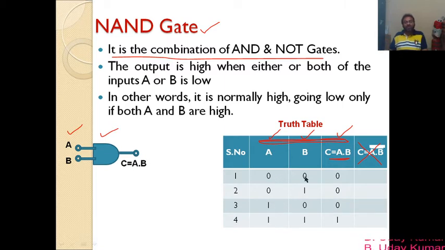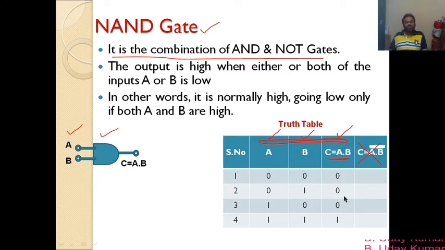Okay, so now 0 and 0 means if you apply low potentials to both A and B, we get the output as 0, and 0 and 1 means we are applying low potential to A and high potential to B. So if I apply this condition of 0 and 1, again the output will be 0, and if I apply high potential to A and low potential to B, then also the output C will be 0, and if I apply high potential to both A and B, then only the output of the AND gate will be high, which is denoted by 1.